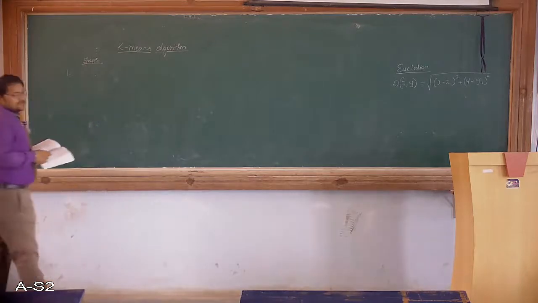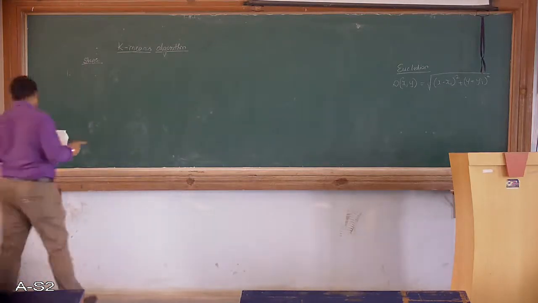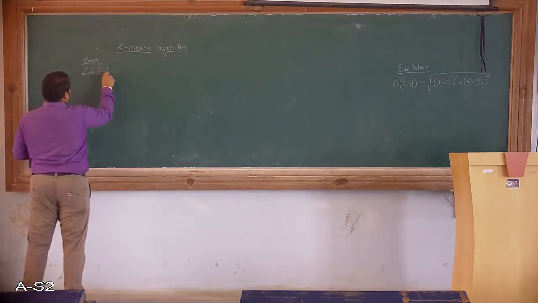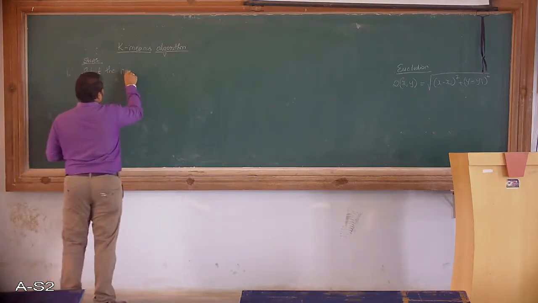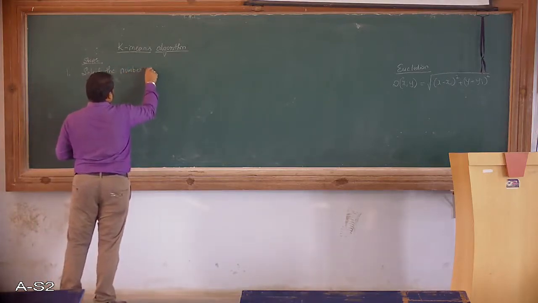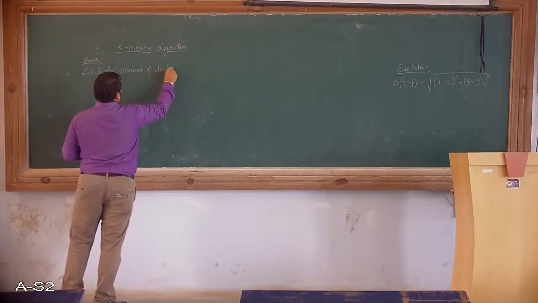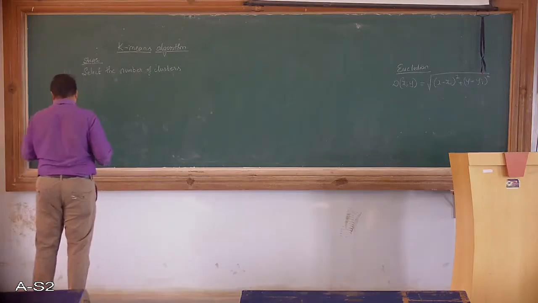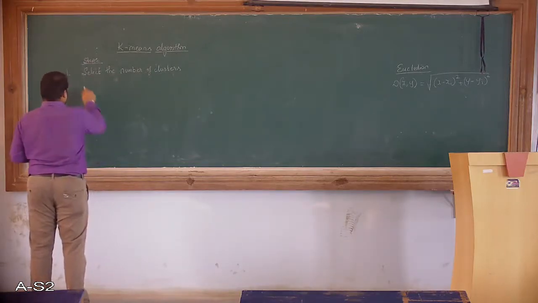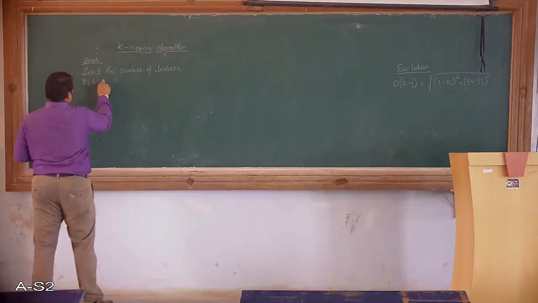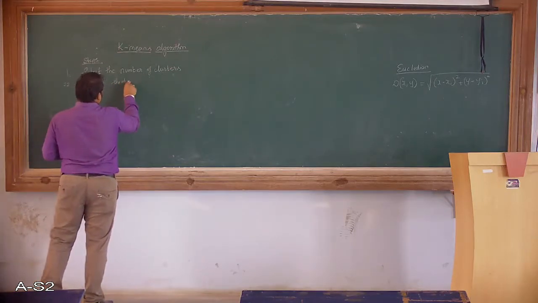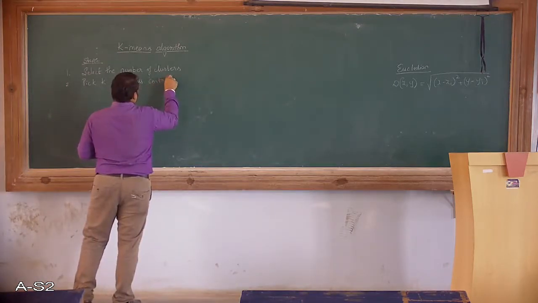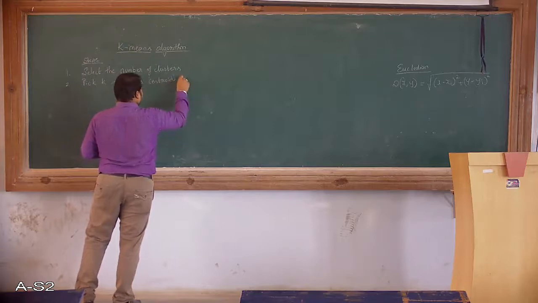So here is the k-means algorithm, please take a note of this. We have 7 steps for this k-means algorithm. The first step would be select the number of clusters. The second one would be pick k seeds as centroids of k clusters.